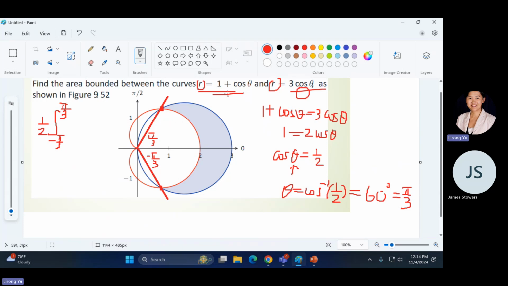This is the outside, this is the inside. So you have 3 cosine theta squared minus 1 plus cosine theta squared, d theta. That will be the calculation. That's it for today. We'll continue tomorrow. Thank you.